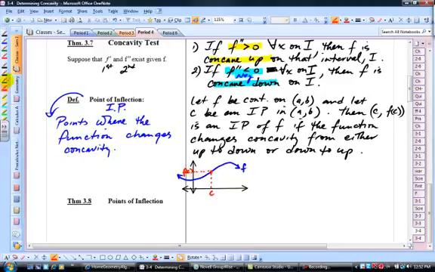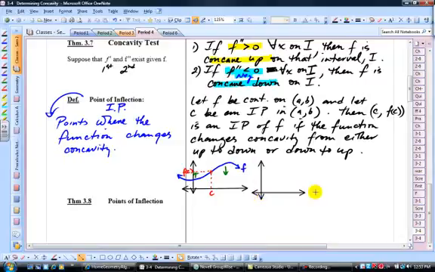The function to the left of c is concave up, and to the right is concave down. So c comma f of c is an inflection point because it changes concavity from concave up on the left to concave down on the right. It may not look like that, so let's go ahead and show you the other possibility here.